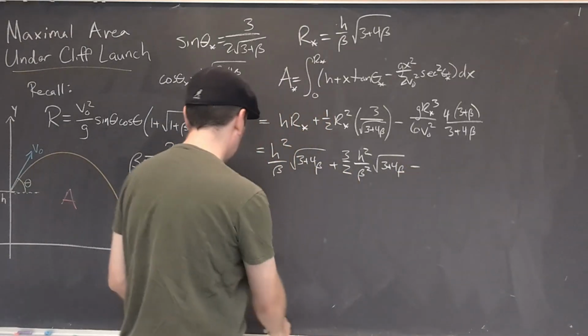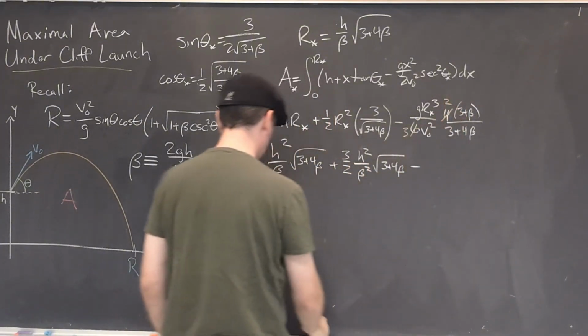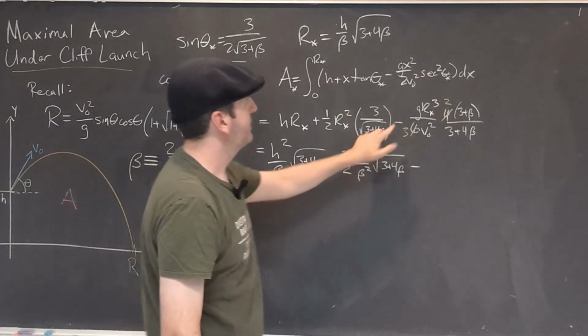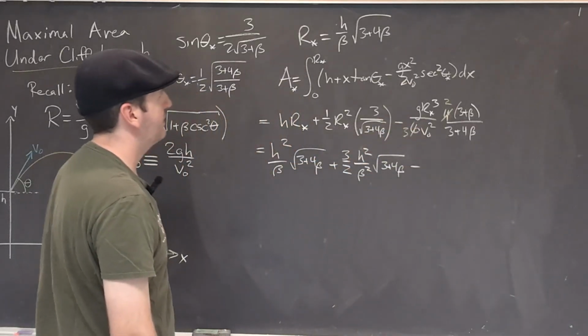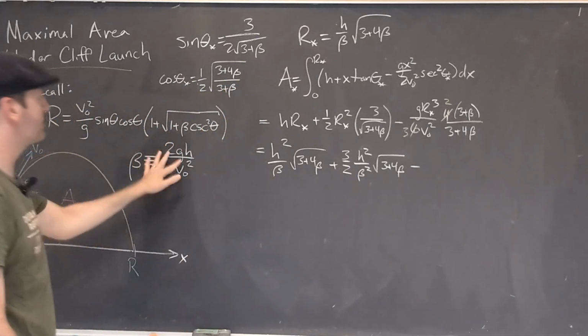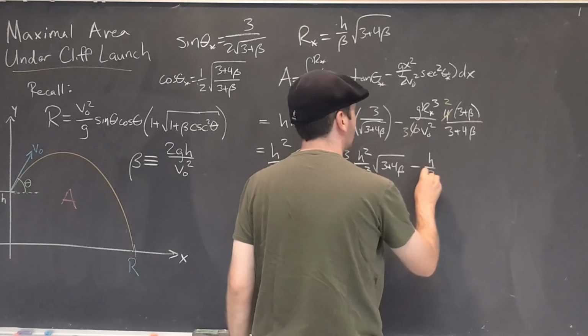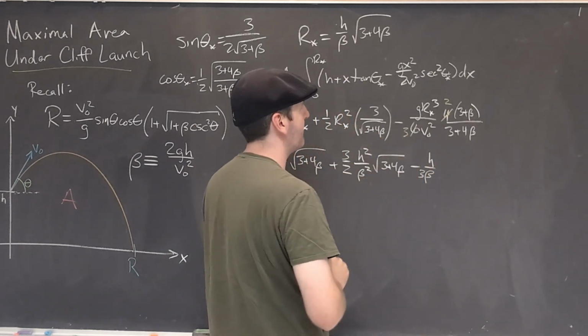And then finally over here, what can we do? Well, this will partially cancel down to a 2. G over v naught squared, actually let's do one better. 2g over v naught squared is almost beta. So let's make that whole thing into h over beta. I'll keep the 3 here, don't forget that.